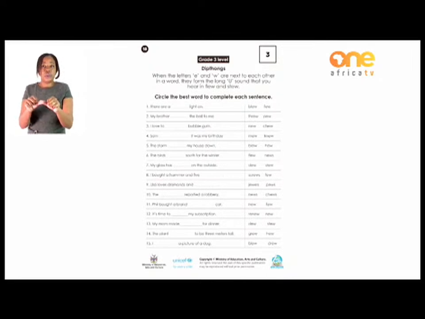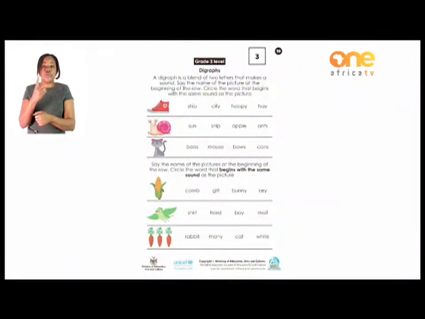We have a very fun activity there with nice pictures. Okay, we are going to look at digraphs on page 19. So what are we going to do here? What are digraphs? A digraph is a blend of 2 letters that makes a sound.